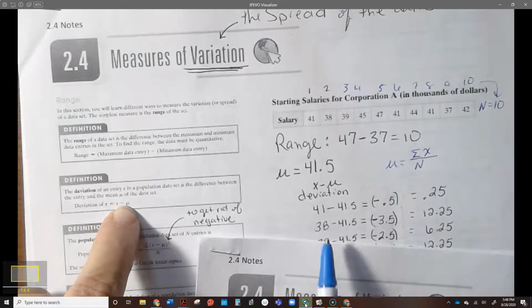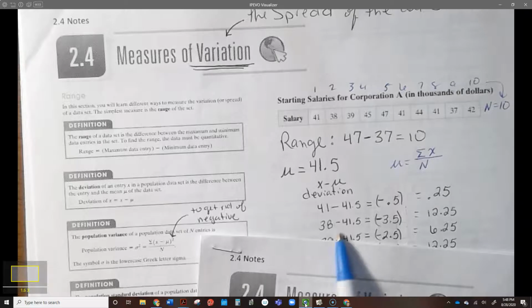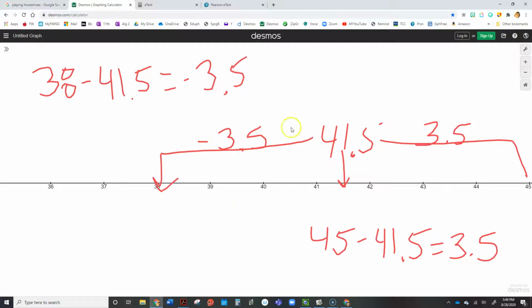Okay, so I have to say 38 minus 41.5. And by mathematics, if I take 38 minus 41.5, that's going to leave me with a negative number. Okay, so you're saying, I get it. If it ended up being before 41.5, the difference is a negative number because it didn't quite reach 41.5. If it went beyond 41.5, it's a positive number. I get it. Okay, well, that's good.